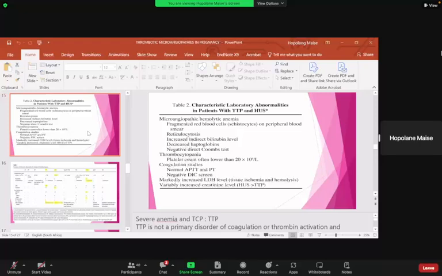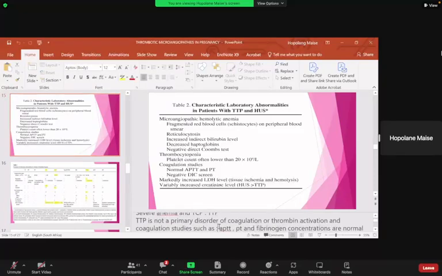With the thrombocytopenia, the platelet counts are often as low as 20. With the coagulation studies, there's normal APTT and PT with a negative DIC screen. There is usually a markedly increased LDH level, and a variable increase in creatinine level, being higher in HUS than in TTP. So TTP is not a primary disorder of coagulation or thrombin activation, and coagulation studies are usually normal.